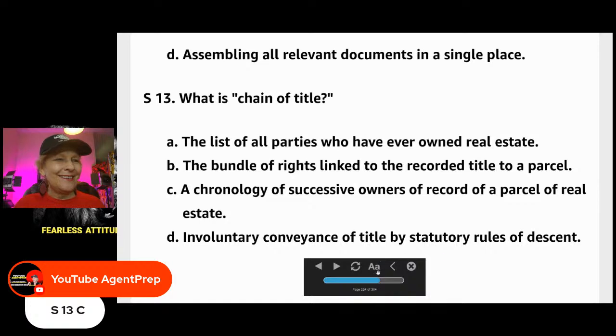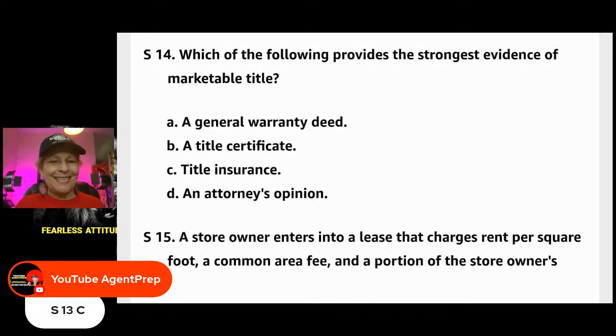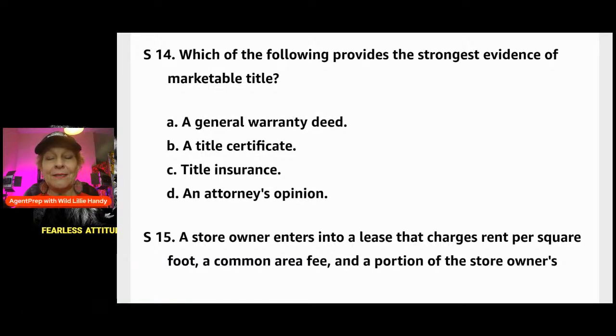All right, good. Number 14. Which of the following provides the strongest evidence of marketable title? A, general warranty deed. B, a title certificate. C, title insurance. Or D, an attorney's opinion.